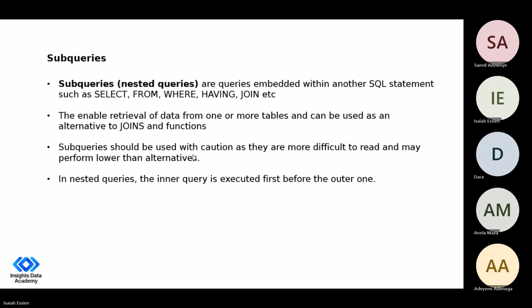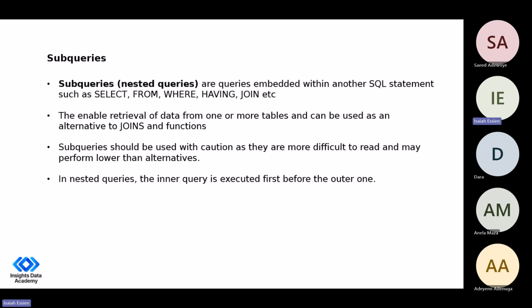So subqueries may perform lower than these alternatives, especially when they are nested by several levels. You have several levels of nested queries, and it can be difficult to read.